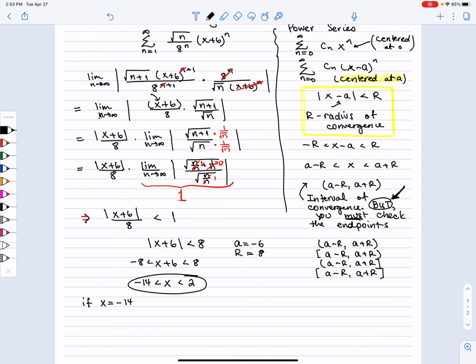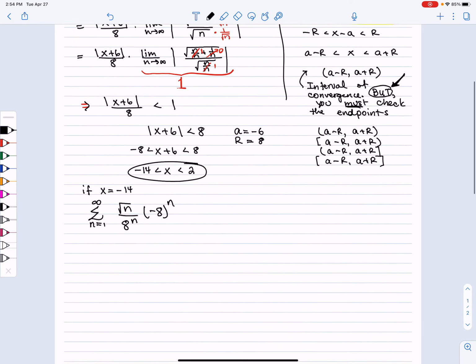When you plug it back into your original problem, you have sigma as n goes from 1 to infinity of the square root of n over 8 to the n. And then when you plug in negative 14 for your x, you get a negative 8 to the nth power.